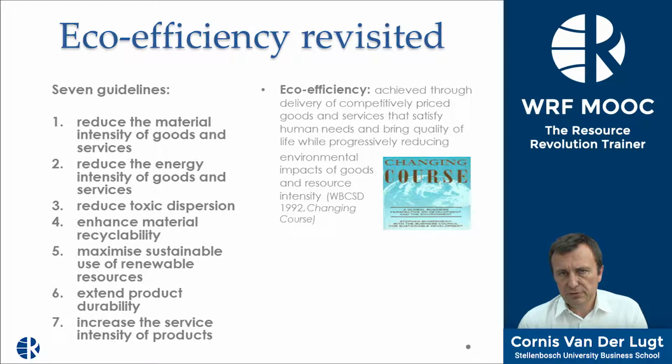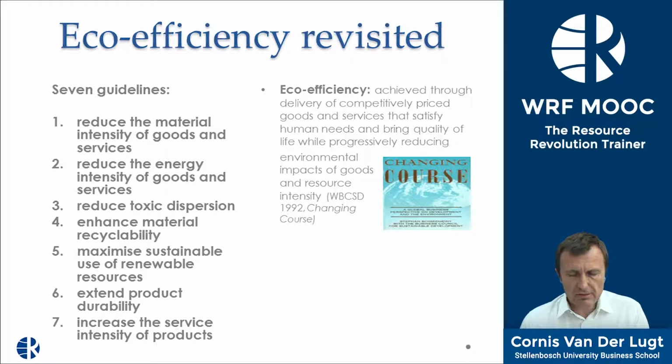And if you look at that definition as reflected in slide 6, you will see that it is about producing certain types of goods and services, and at the heart of that definition, while progressively reducing environmental impact and resource intensity of those goods and services.